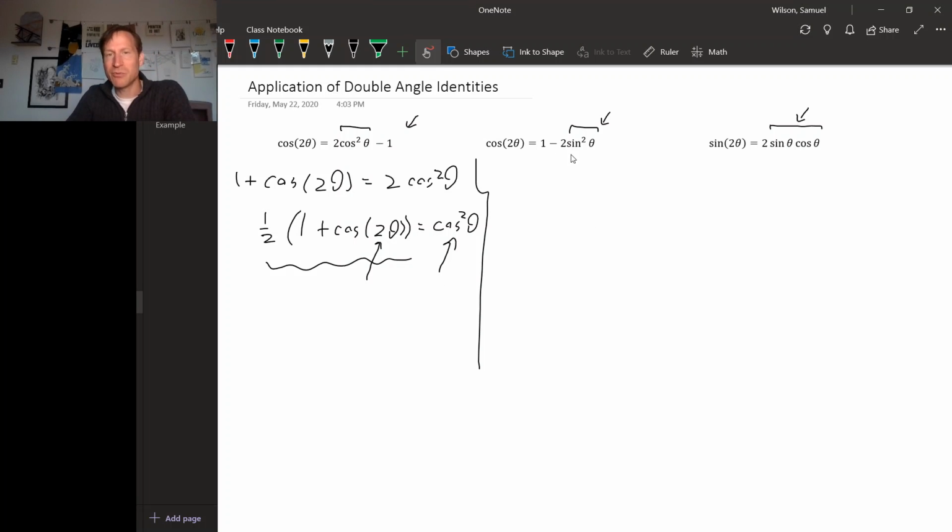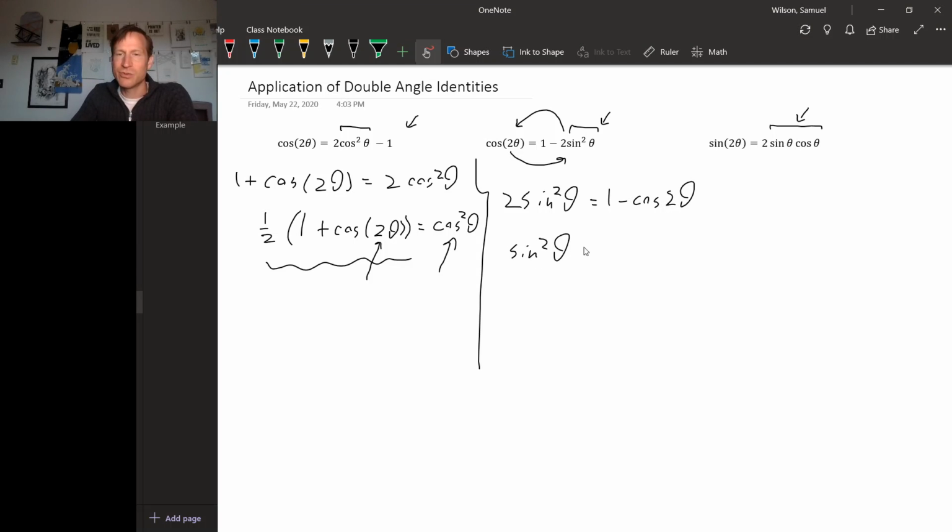You can do the same thing with this other version of the double angle formula for cosine. So I guess first thing we could do is take this 2 sine squared term, move it to the left, take this cosine 2 theta term, move it to the right, and you'll end up with 2 sine squared theta equals 1 minus cosine 2 theta, and then divide everything by 2.